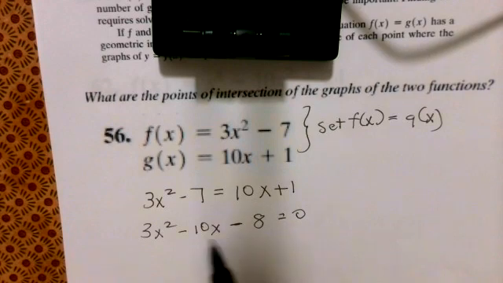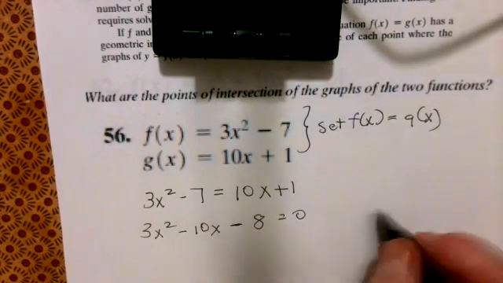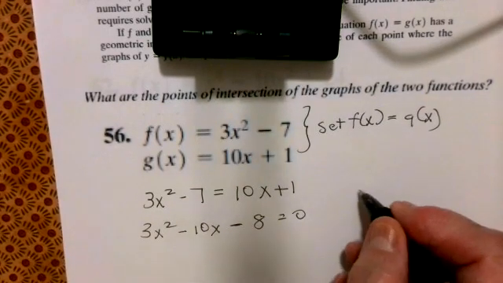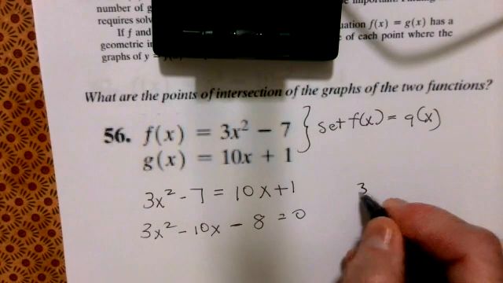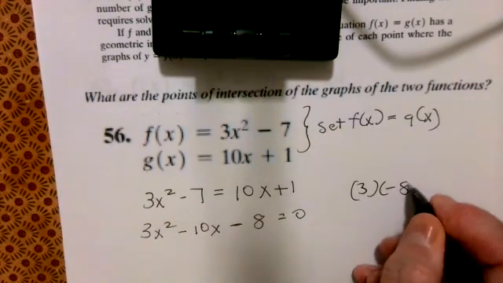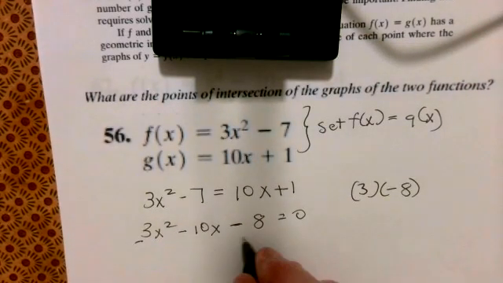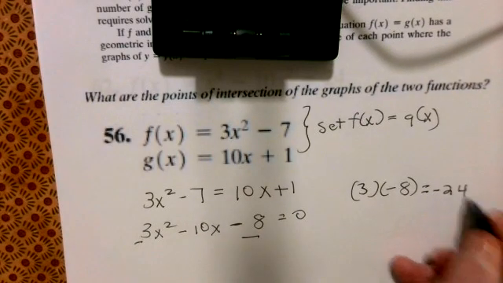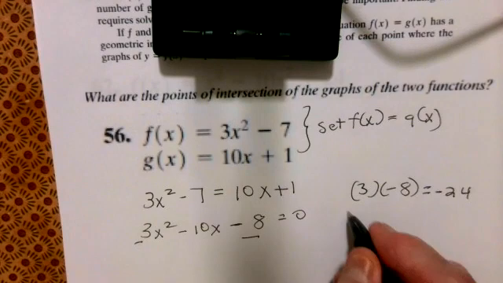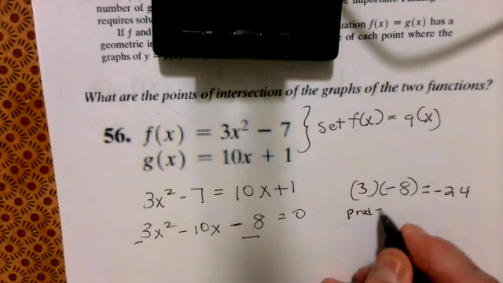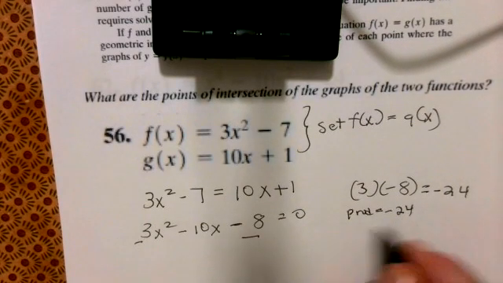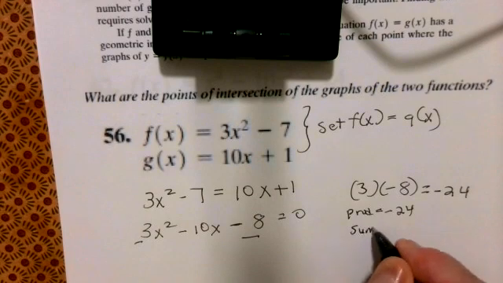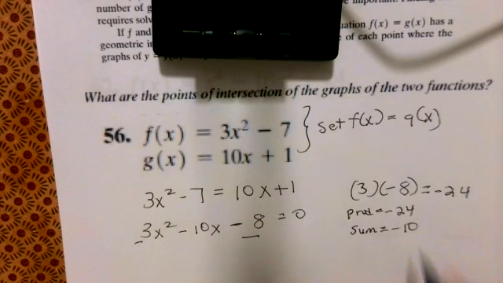I could use the quadratic formula on this, or I could factor it, and I'll just factor it to show you how that's done again. So we want 3 times negative 8, which gives me negative 24, and I want a product of negative 24 and a sum equal to negative 10.